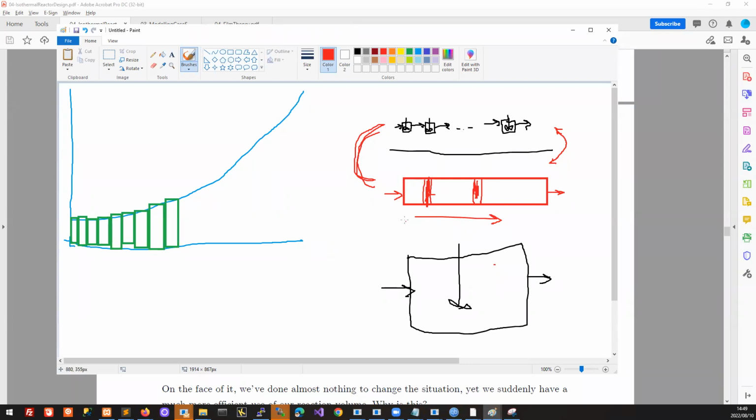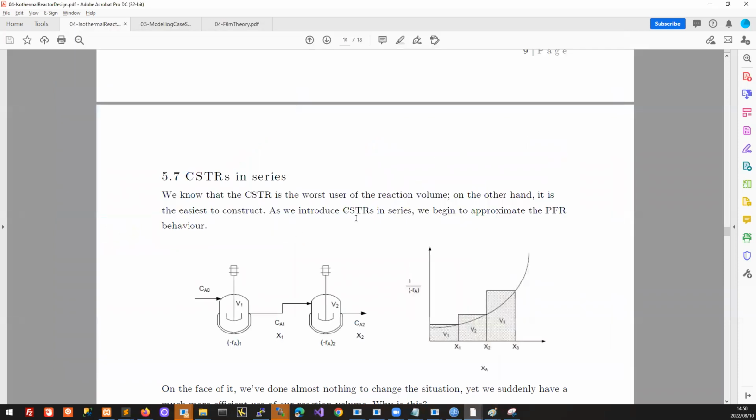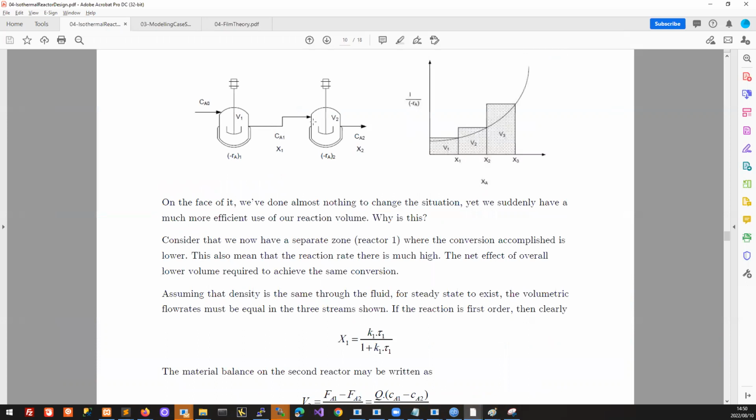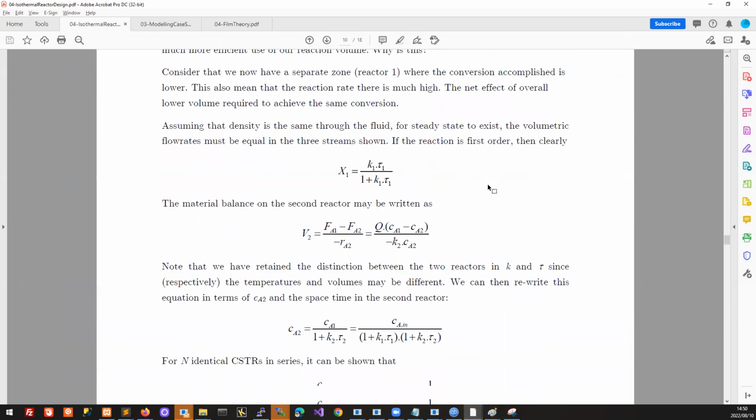Perfect plug flow is an extremum, and perfect mixing is another extremum. But it looks like by putting CSTRs in series, by considering the reaction space not as one big mix zone, but as many little sub-contributing zones, we start to get some kind of in-between behavior. So that's something we can start to think about. Right? So CSTRs in series. We'll come back to this idea as we go.